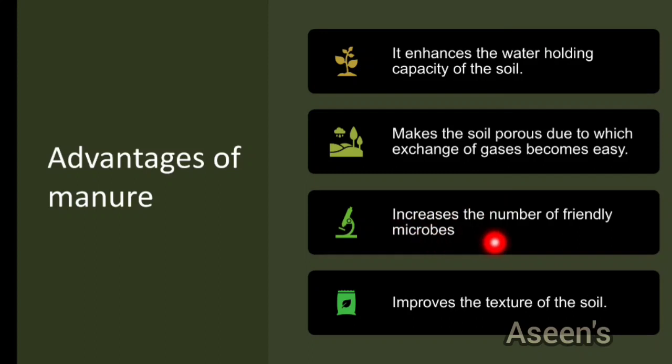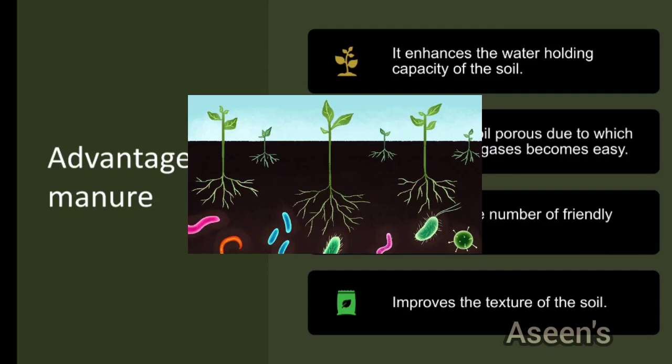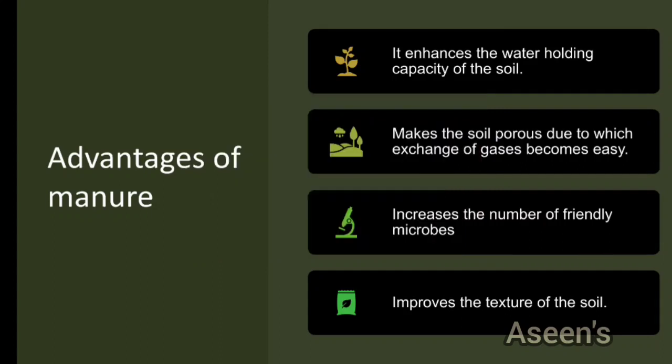Next, it increases the number of friendly microbes. This is very important, since apart from whatever manure or fertilizer you are adding, even the dead and decaying matter, the fallen leaves of the crops, or any of the tiny insects which fall prey there, might die and fall into the soil, and this has to be further decomposed.